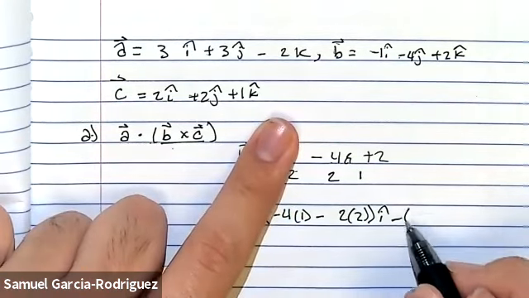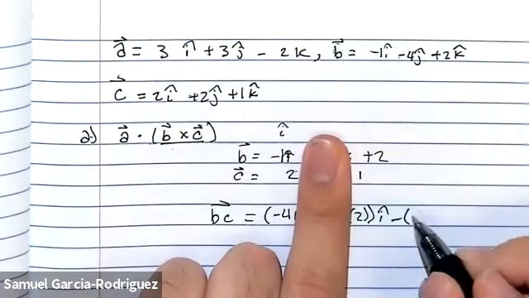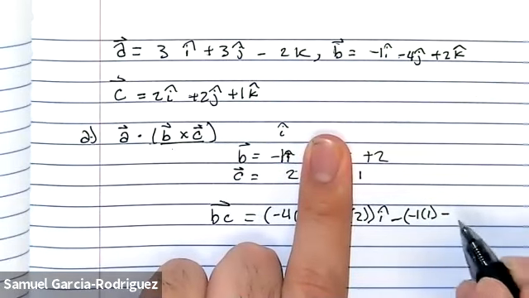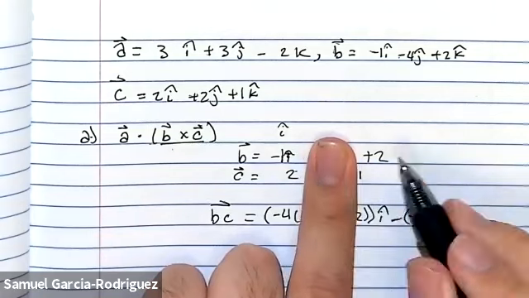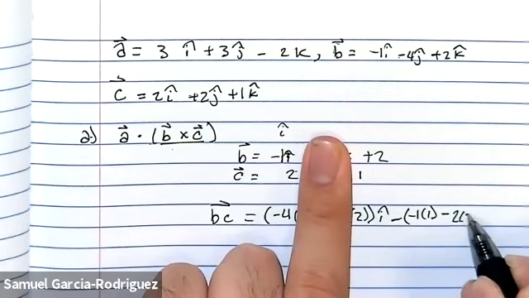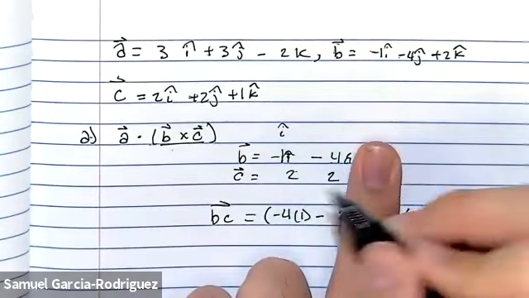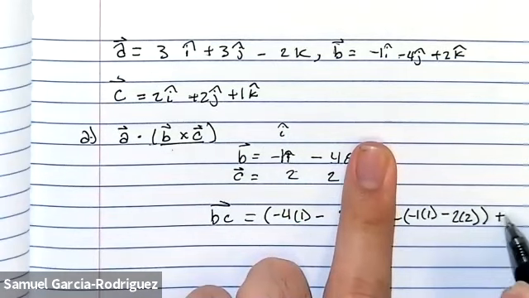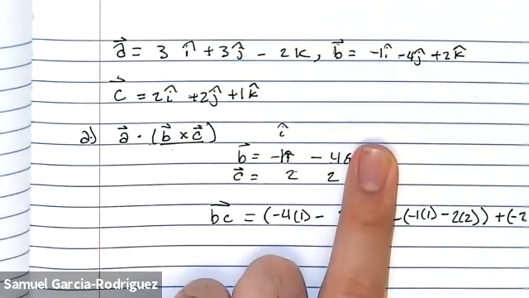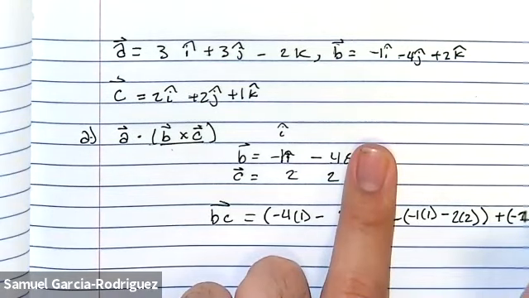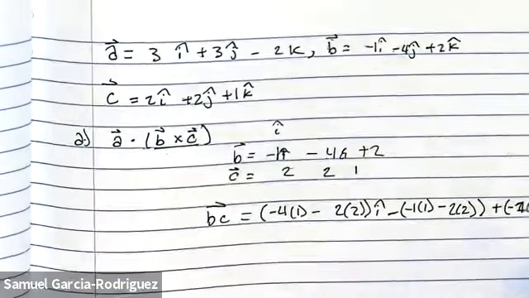Then it's going to subtract, cover up the next one, negative 1 times 1 minus 2 times 2. And then you're going to add negative 1 times 2 minus negative 4 times 2.